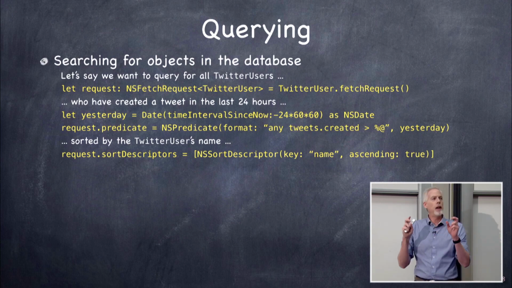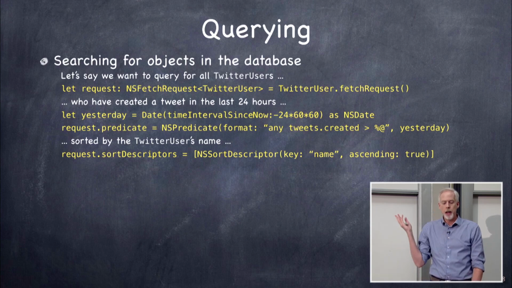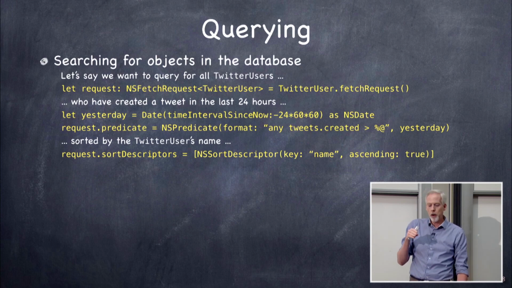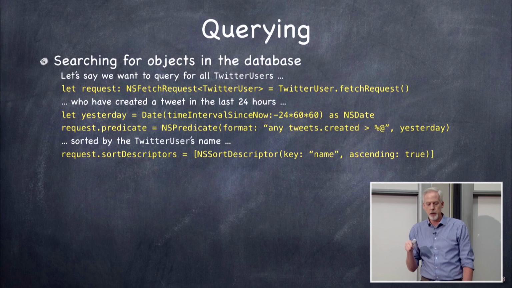And predicate is a way of specifying the search you want, you know, in text. It's not quite like SQL, but it's very English-oriented. So here I want any tweets that were created after 24 hours ago, okay, because yesterday is a var I made on the previous line, which is time interval since now minus 24 hours. Okay, so I've described my search that way.